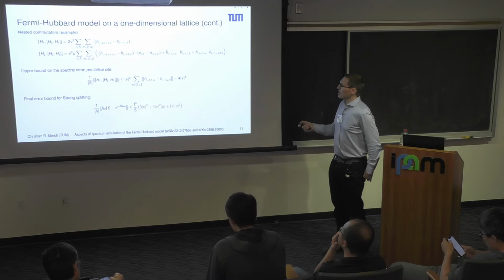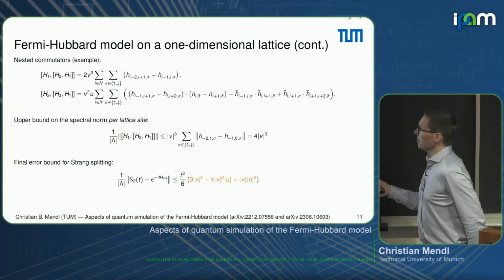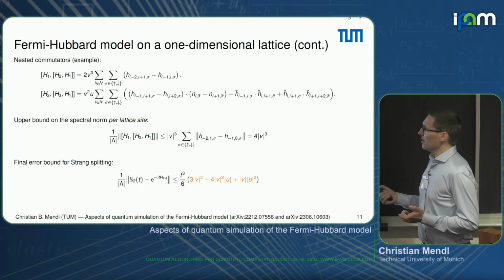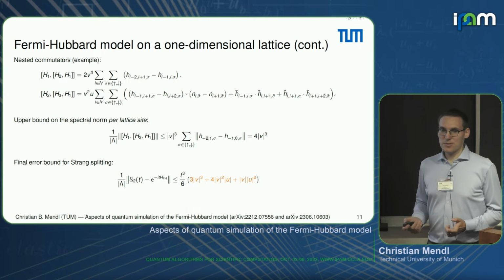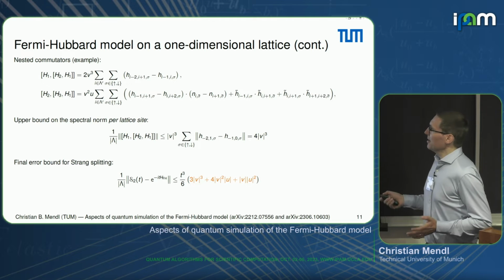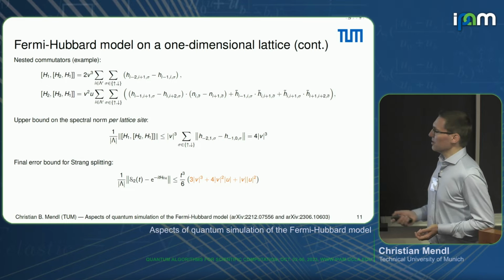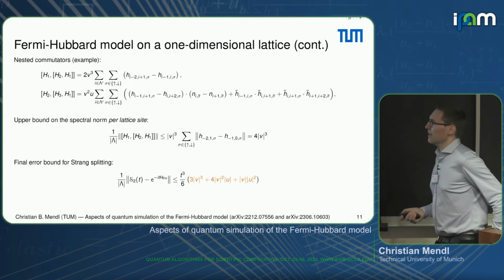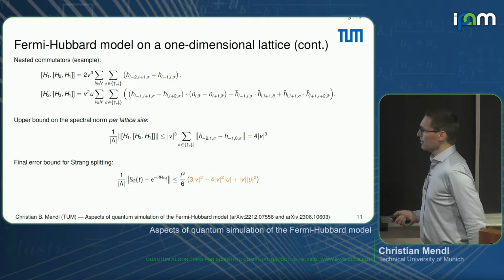What we do in the end is represent this internally as a matrix and then compute the spectral norm of this matrix. But this only works up to a certain number of involved lattice sites in the expression. If it has too many lattice sites, you can't do this exactly anymore for practical reasons.